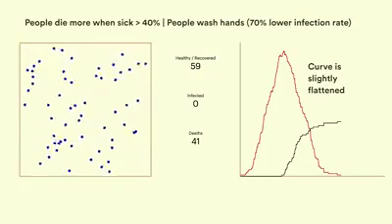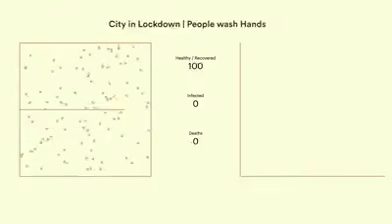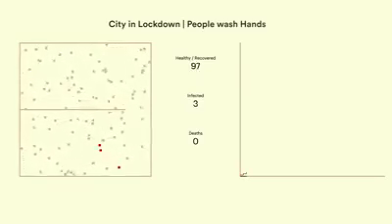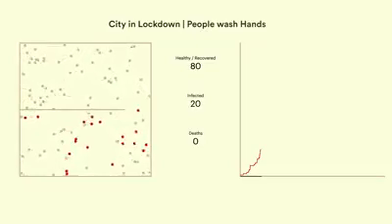For our third strategy, let's restrict the movement within the city. Let's put the city in a lockdown. We'll ensure that the people still wash their hands. And we leave a small window open in the lockdown to reflect the real world scenario.